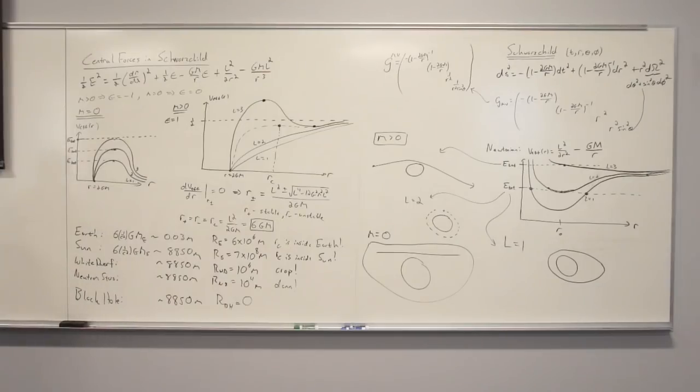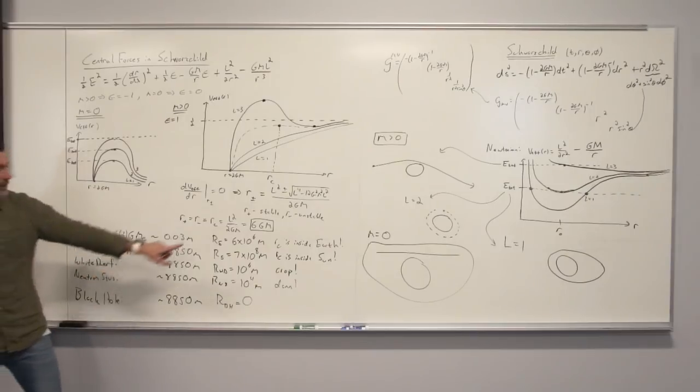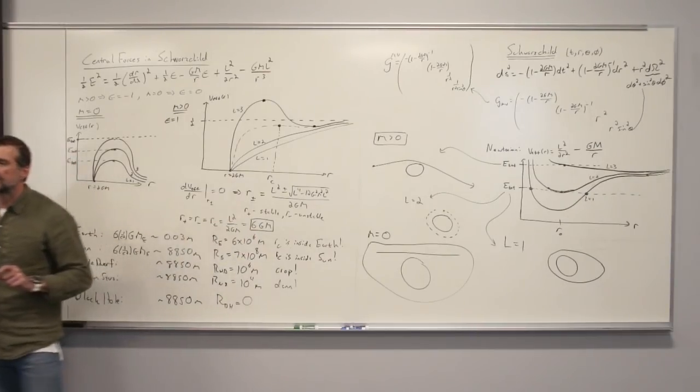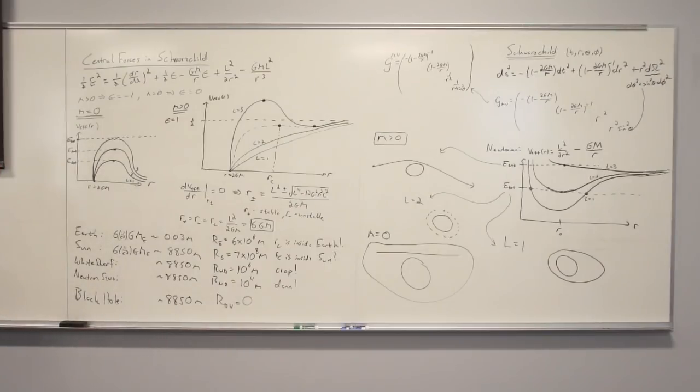You might say, oh, well, you have to be outside the horizon of a black hole in order for this to even make sense, and I agree with you. The problem, though, is that the horizon of a black hole is at 2GM, and this is outside of it. So if you had a black hole and you could test orbits around it, you could actually use this as a test of general relativity. However, we have not got that close to black holes, so we're not going to be able to do it.